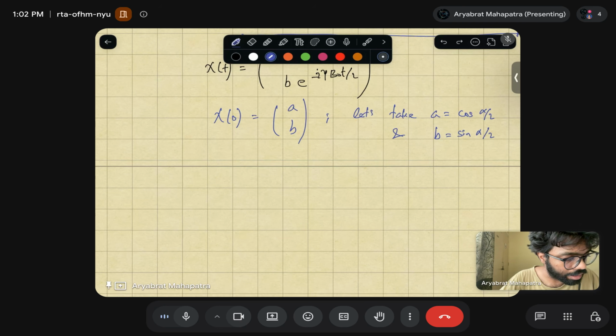This alpha is some angle. And this is also true because if I take one as cosine and the other as sine, then the total probability is conserved. What I mean is chi 0 is normalized.